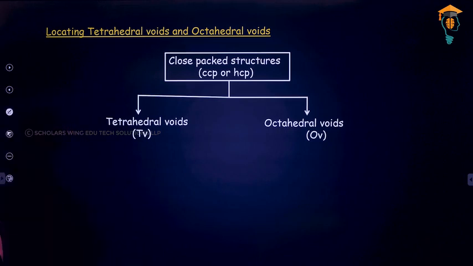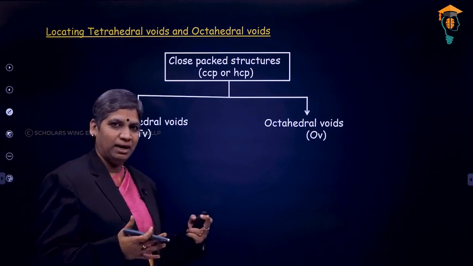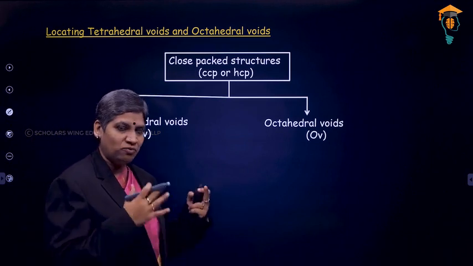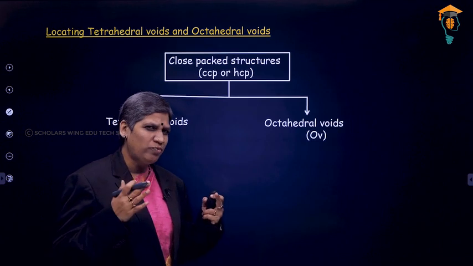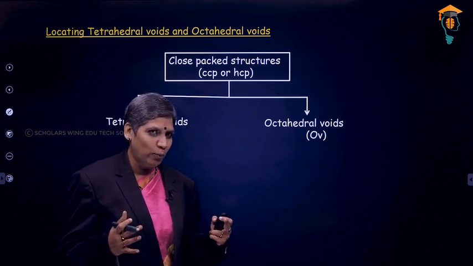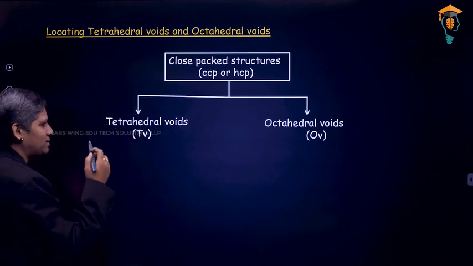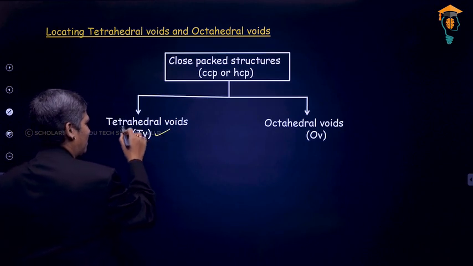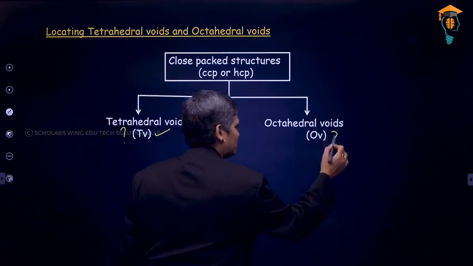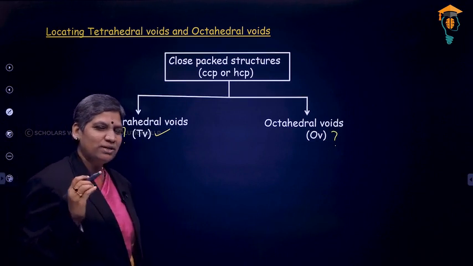Okay, guys. So now that we know whether CCP or HCP contains both types of voids, the next obvious question that should arise in your mind, I hope, is: how many voids are present? How many TVs are present, and how many OVs are present, isn't it? To understand this, try to recall.